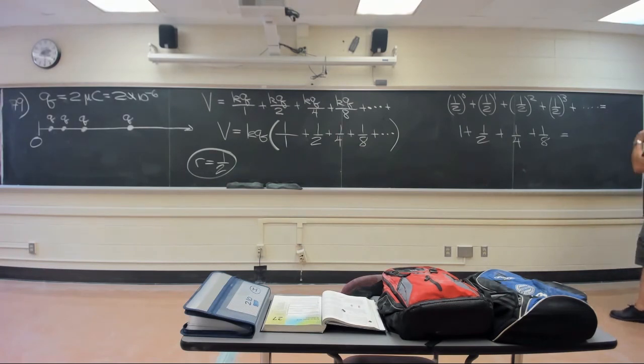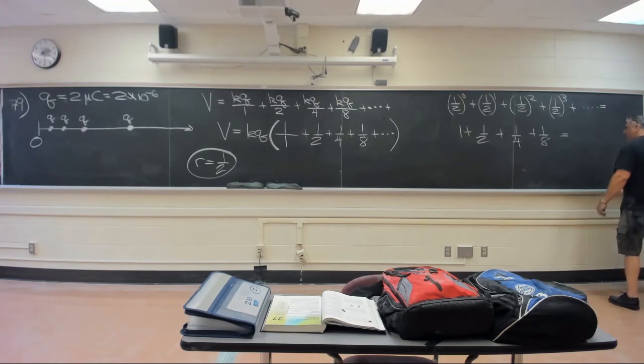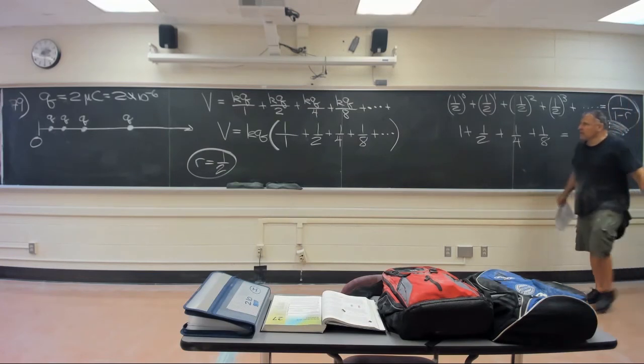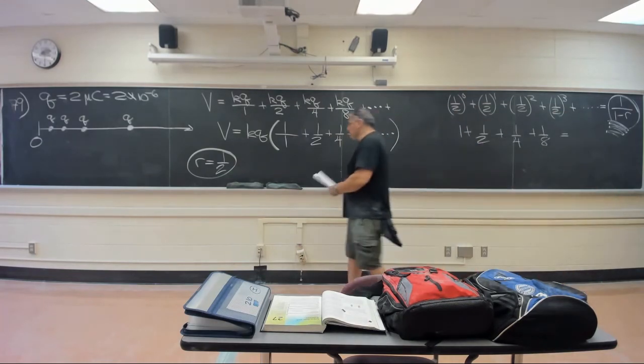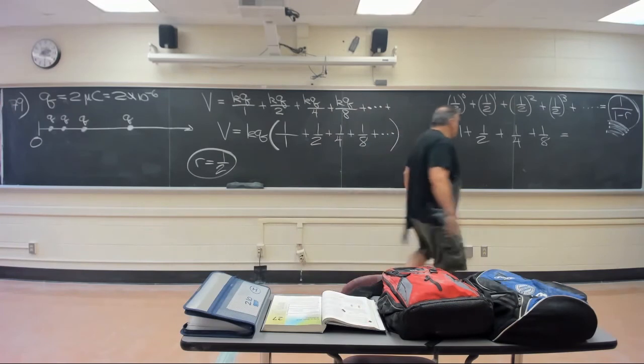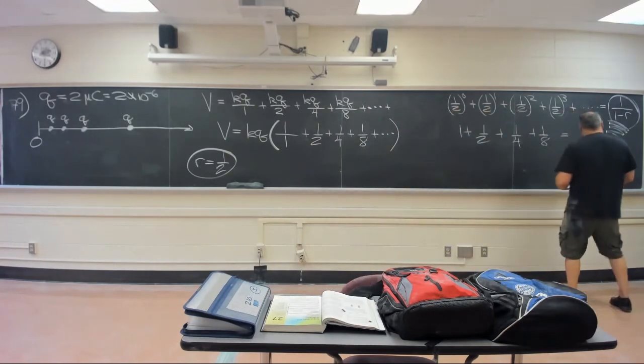If you were to do this, you're going to get 1 minus a half to something huge, which is just 1, and this is just 1 minus r. When the numbers are less than 1, that's the sum. What does that equal?